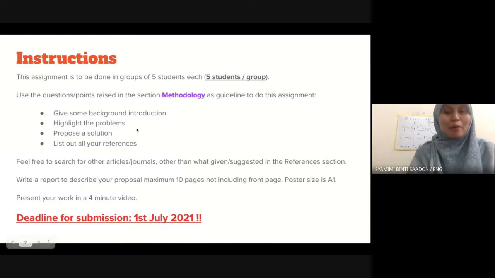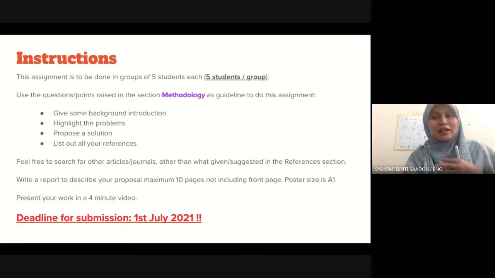So highlight the current problems in the Brayton cycle, the turbofan jet engine cycle, and then propose a solution. What can you do in order to improve the jet engine cycle, and then list out all your references. In the last slide I give some examples.